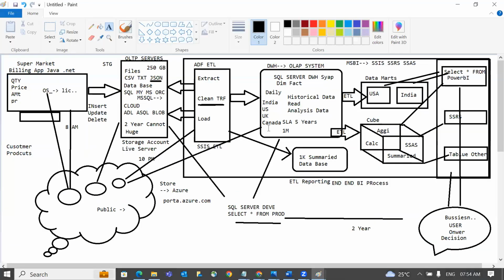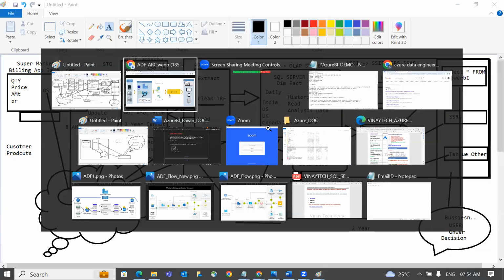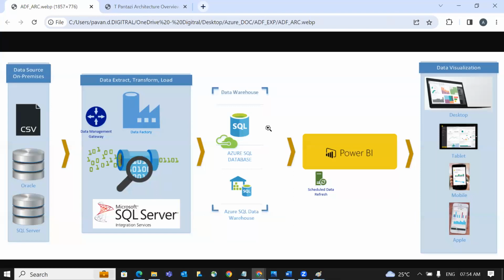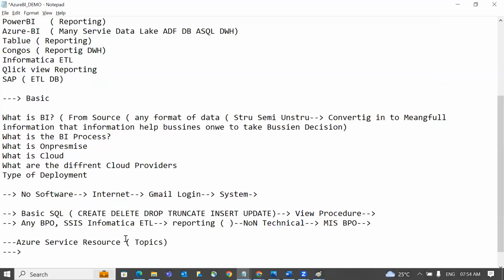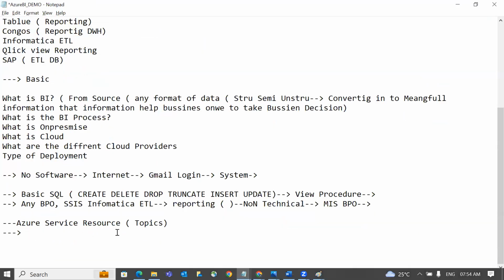When you understand the BI process, you can go through any kind of PPTs and other material. I'll focus more on practical rather than definitions. Tomorrow I'll explain this diagram, how we extract the data, how we load it, and how the data is analyzed in reporting. I'll hold these topics and disclose them in tomorrow's class. Any questions, any doubts so far?